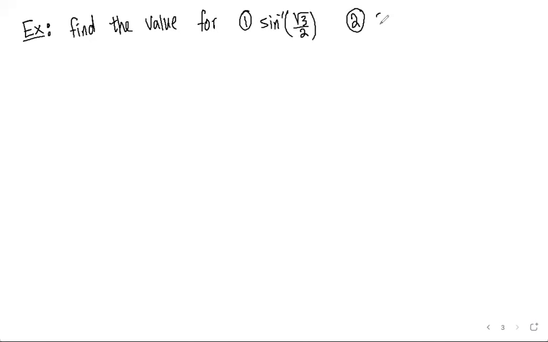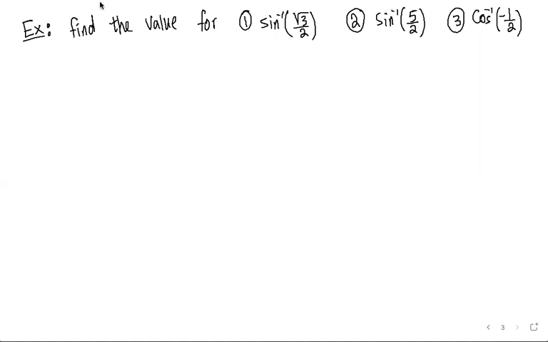Example: find the value of number 1, the sine inverse of square root of 3 over 2. Number 2, sine inverse of 5 over 2. Number 3, the cosine inverse of negative 1 over 2.